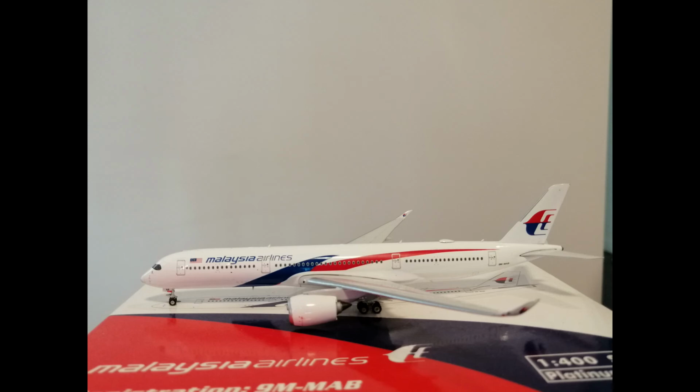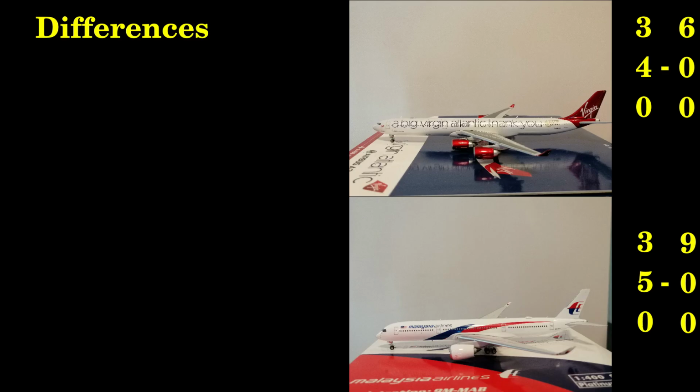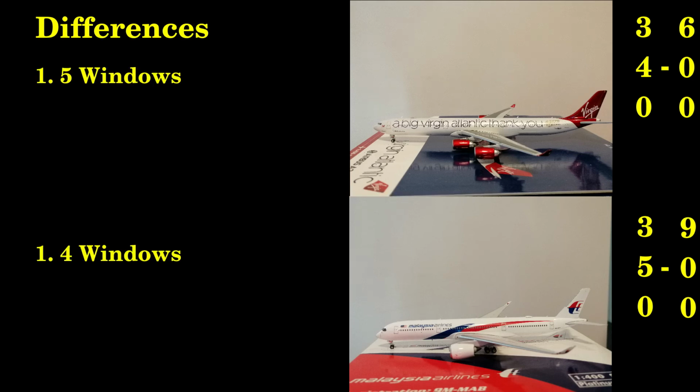Again, in this video, heavily reliant on Asian carriers, but not because of any specific idea. So the differences between those two: A340-600 on the top and A350-900 on the bottom. The A340-600 has 5 windows, and the A350-900, though being the newer plane, has 1 window less, 4 windows, so none over the wing.